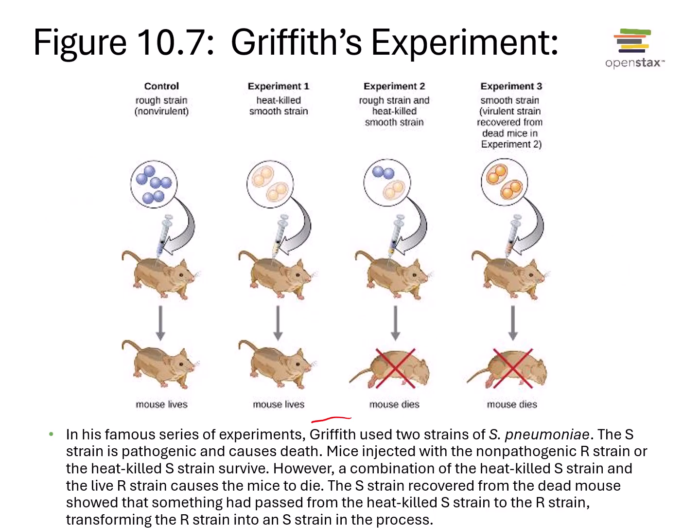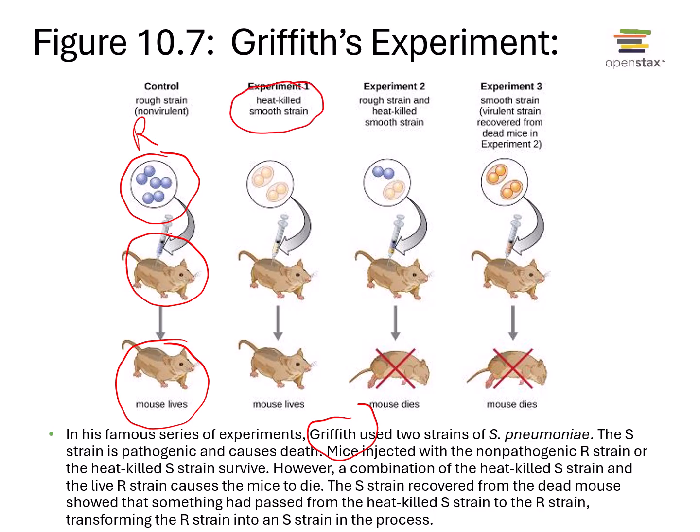So here's a closer look at Griffith's experiment. He took live R strain, and these were the non-pathogenic version, injected into mice, and nothing happens. The mice survive. If you were to take live S strain, the mice would die because that was pathogenic. But if you take the S strain and you kill the bacterium before you inject that into the mice, they also survive.